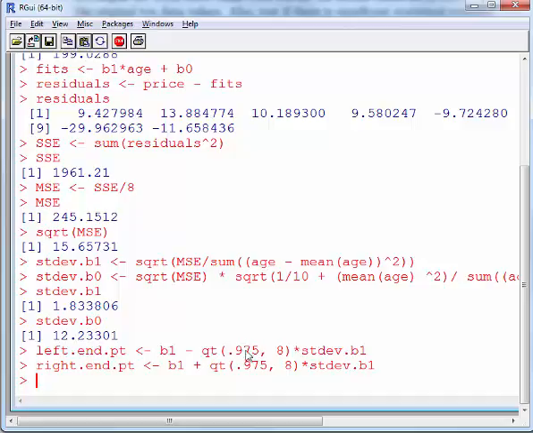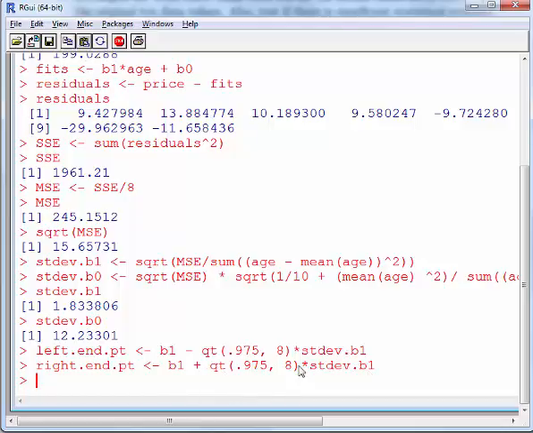If that's not clear to you, post a question about it in the discussion board. I've got m-2 degrees of freedom there. The right endpoint is the same thing, but plus all this stuff. All this stuff that you're adding or subtracting is called the margin of error.